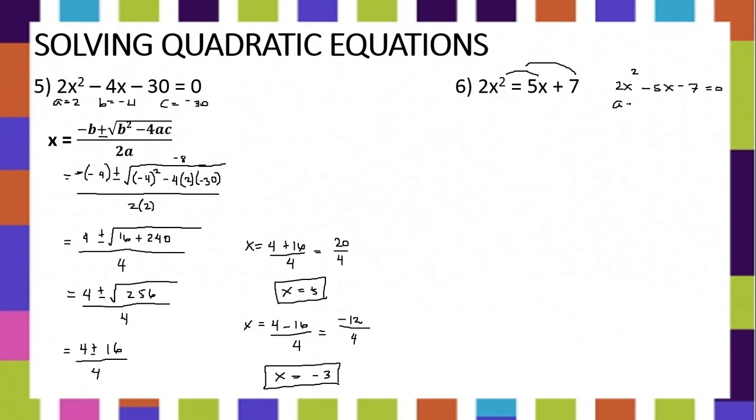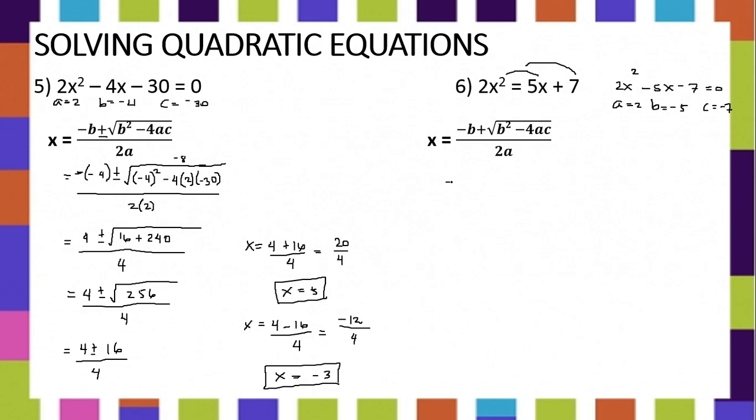Ang a natin is 2, ang b is negative 5, ang c is negative 7. And using the quadratic formula, sa number 6 example natin, substitute lang natin ulit. Paulit-ulit na ginagawa to kapag ginagamit natin yung quadratic formula. Substitute nyo lang.